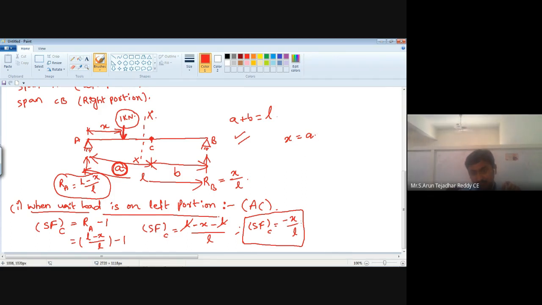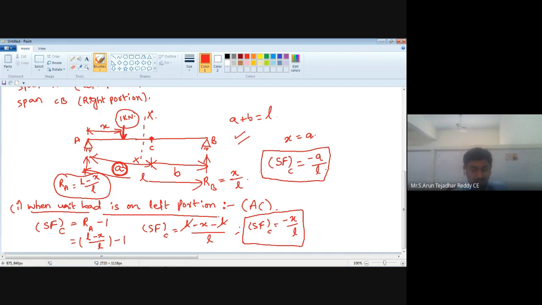So in this equation, in place of X, just substitute the a value. Then you will get exactly the shear force at C, that is minus a by L. This is my final shear force at C value.